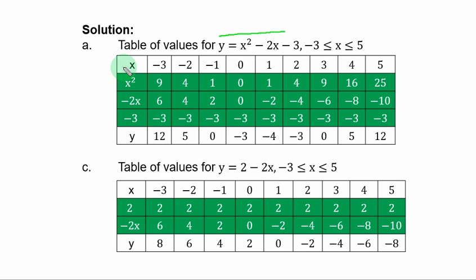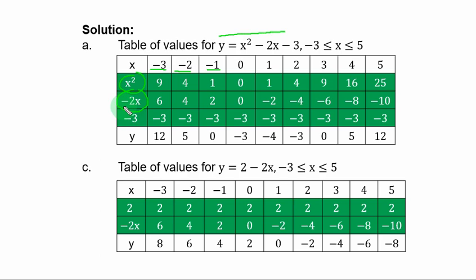To get y values, you need to get s squared and minus 2s. To get s squared, you square each value of s. If you square minus 3, you have 9. Square minus 2, you have 4. Square minus 1, you have 1, and so on.